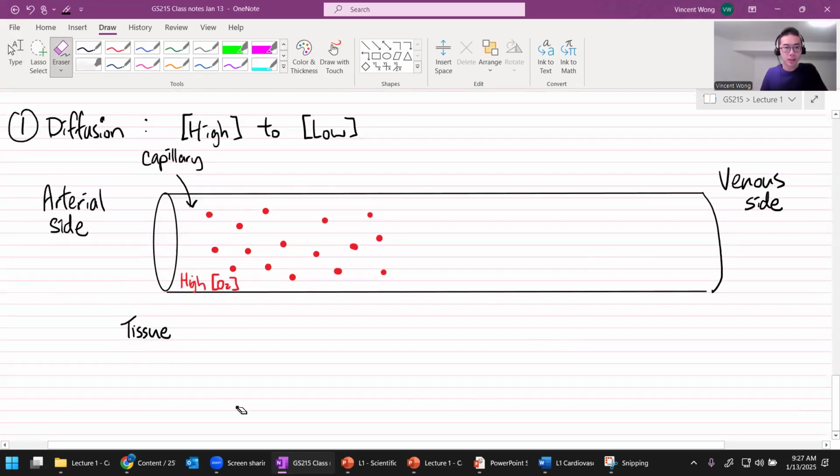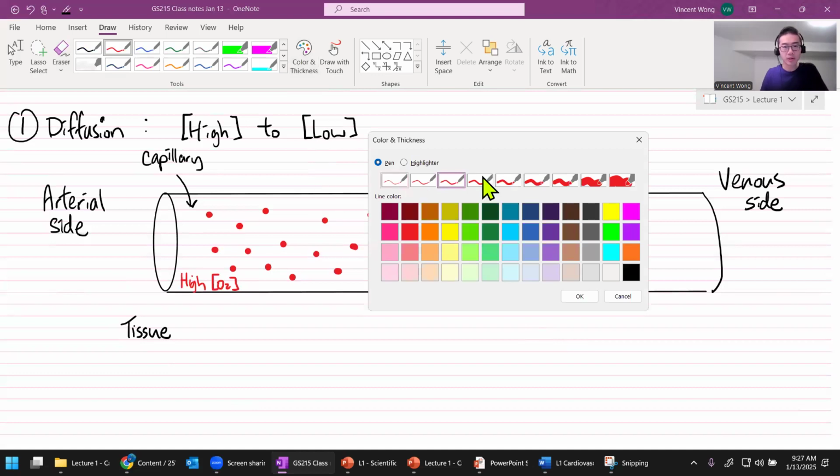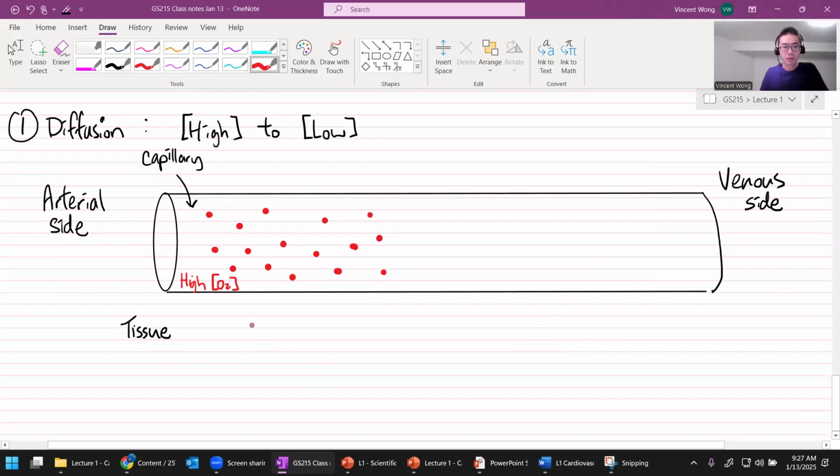And in the tissue, because the cells are using up the oxygen, you would have low O2. It's not that there are none, it's just that it is lower. Low concentration of O2. That's what the square bracket means. It means concentration.